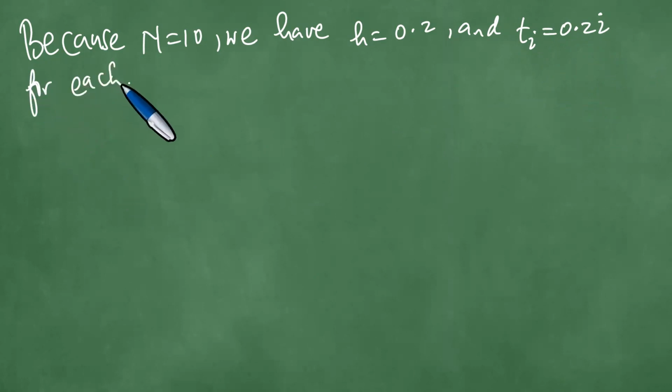For each i equals 0, for each i is 1, 2, up to 10, the question becomes, we're going to discuss this in detail.